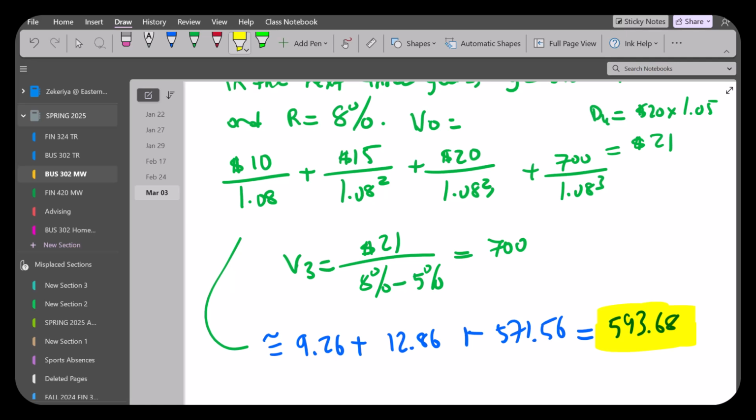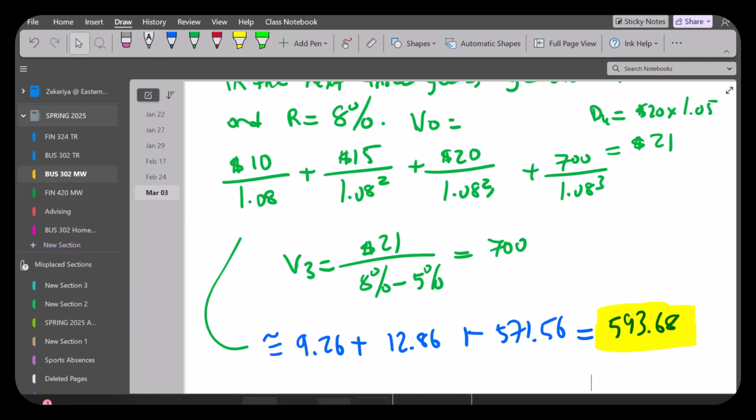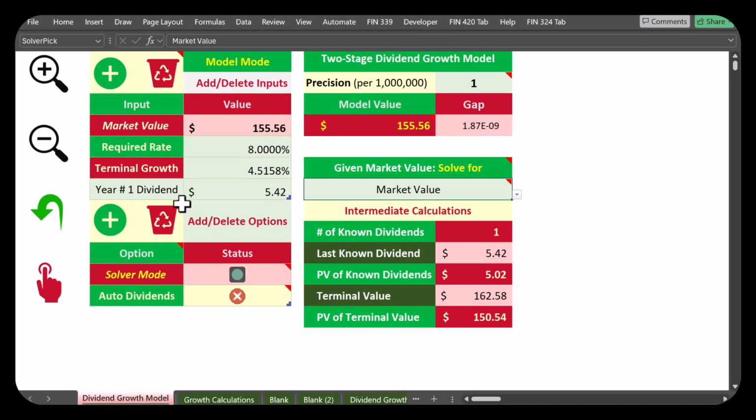Of course, we're civilized people. We're not going to do all of that. The way I set up this template, the required rate of return, terminal growth, and year one dividend are already there. In fact, you cannot even delete those rows. In fact, I'll try.